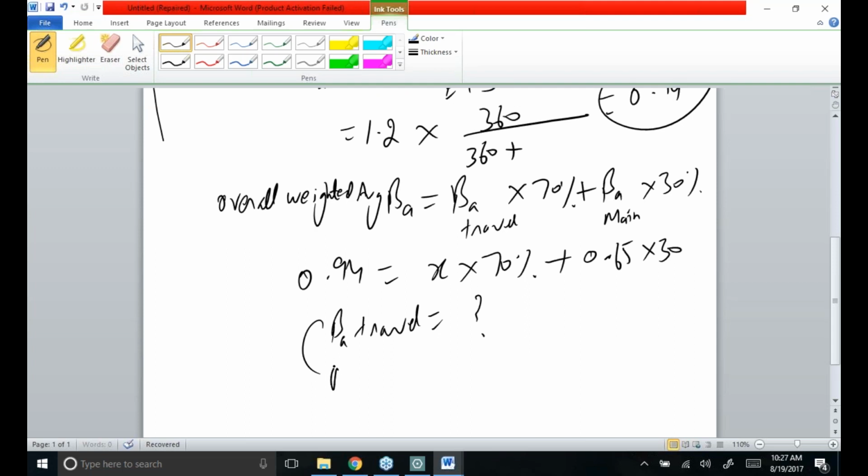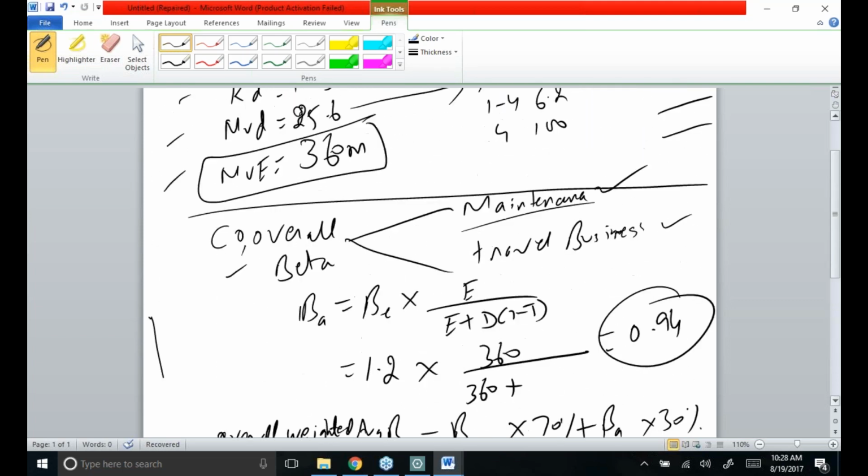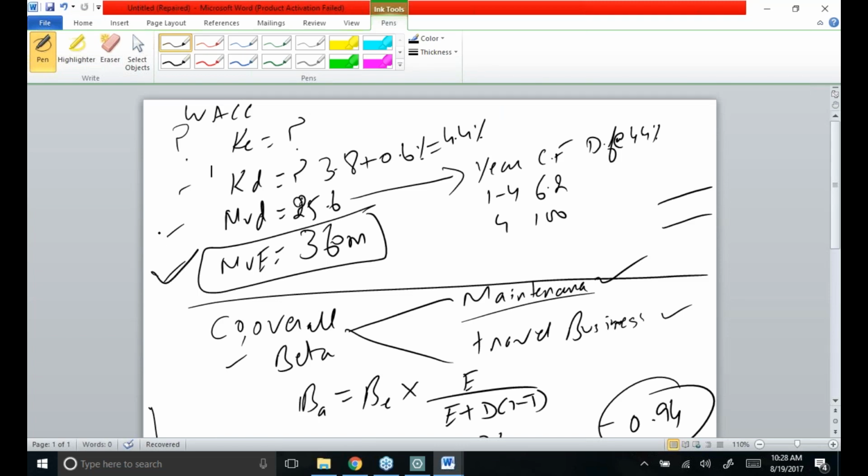Then you will have to re-gear it with the new gearing, equity and debt, in order to calculate beta of equity.